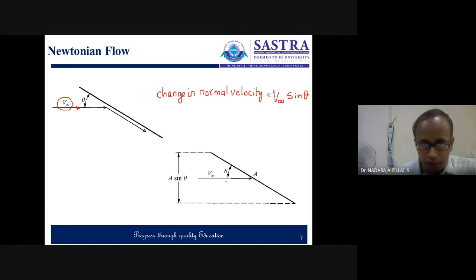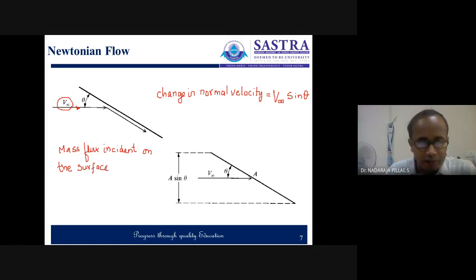So we know that this is v infinity sine theta, the change in normal velocity, and let us write here itself, say, mass flux incident on the surface.